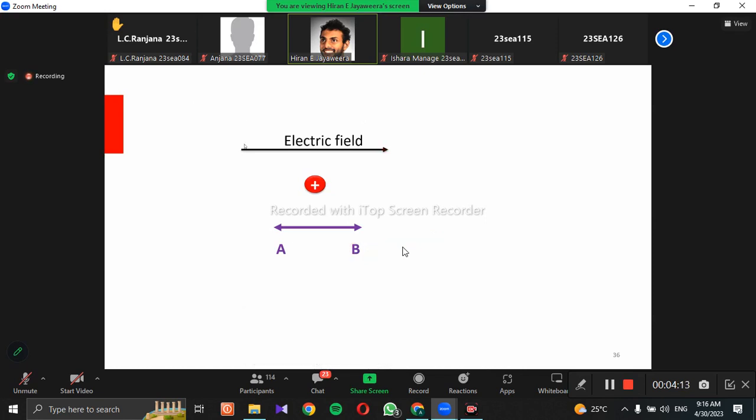Now, let's consider a situation like this. Now I have a positively charged particle and a negatively charged particle. Tell me what will happen to the positively charged particle. Will it move towards B or A in this case?